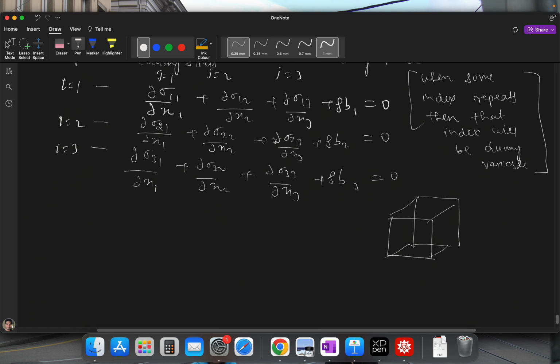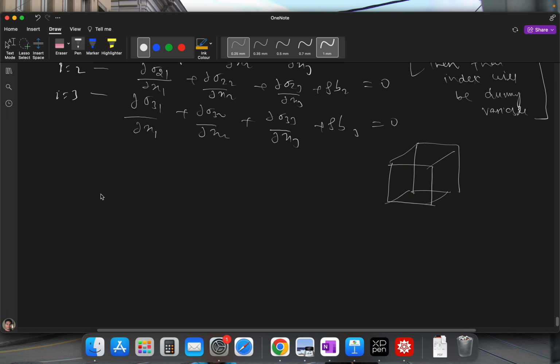How? Because this elasticity problem is nothing but the plane stress problem. Not the plane stress only, it is also a uniaxial problem.